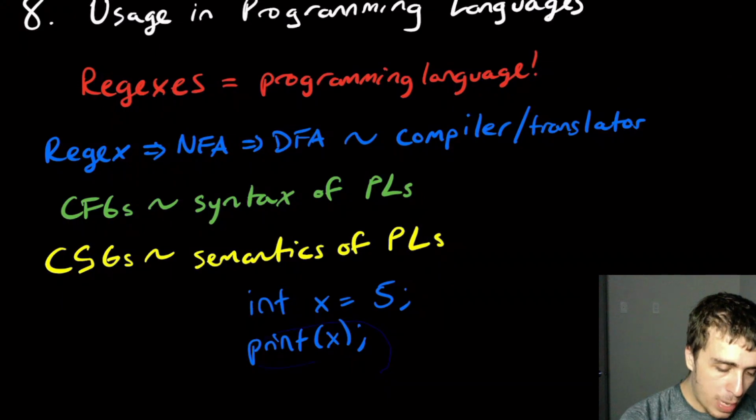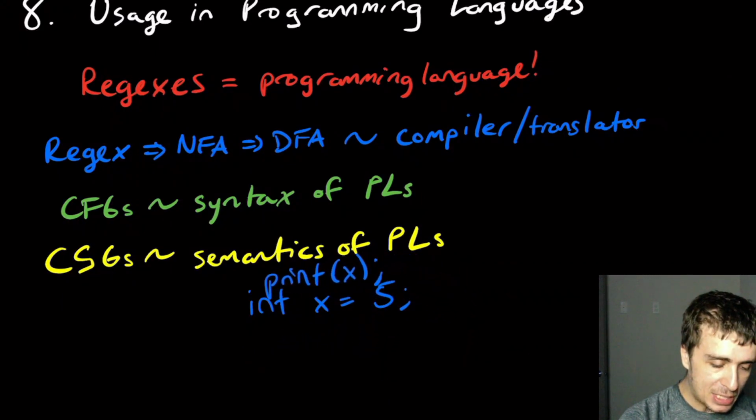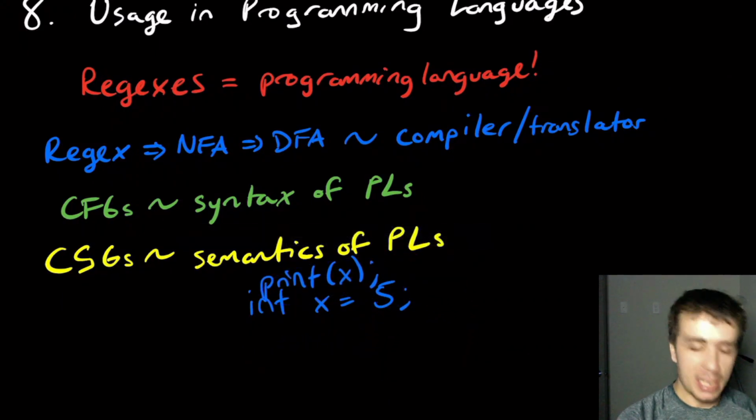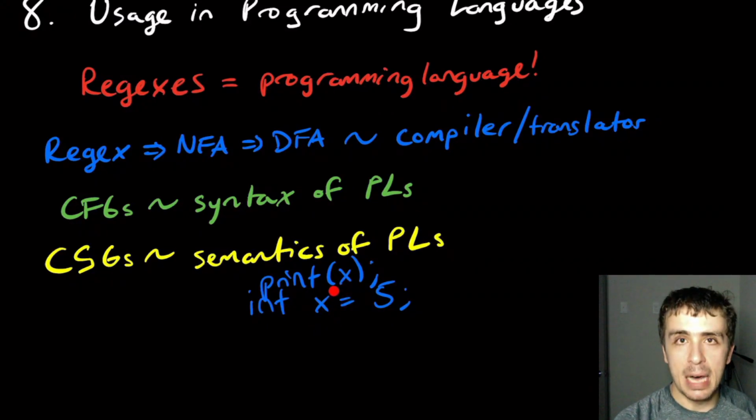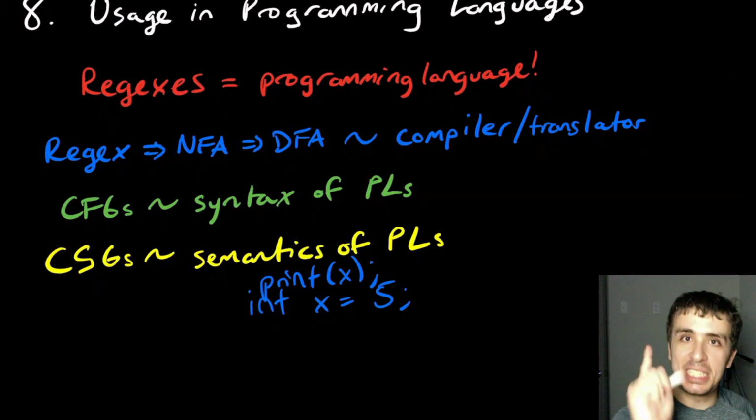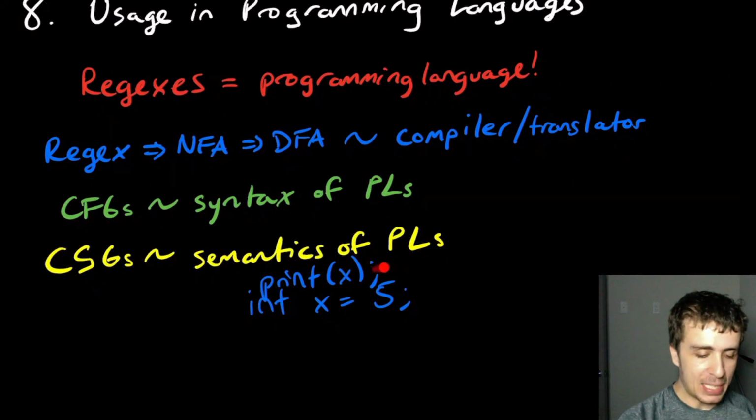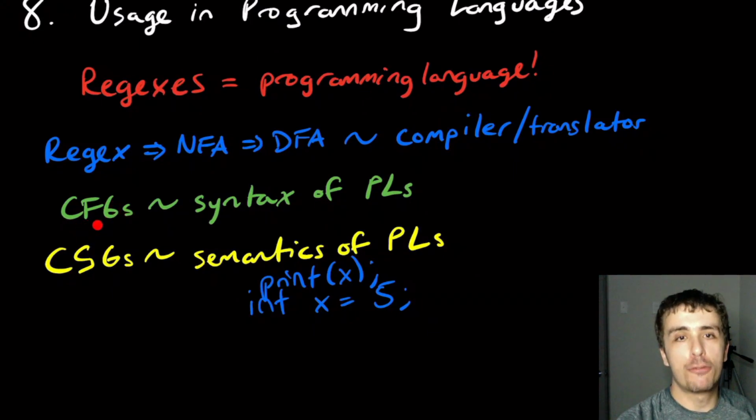However, if we say we copy and paste this line up here, then what's going to happen is this declaration is semantically not fine anymore because the usage is before the actual declaration. But the syntax is okay because each individual line is fine. Remember, we're talking about context-free grammars.